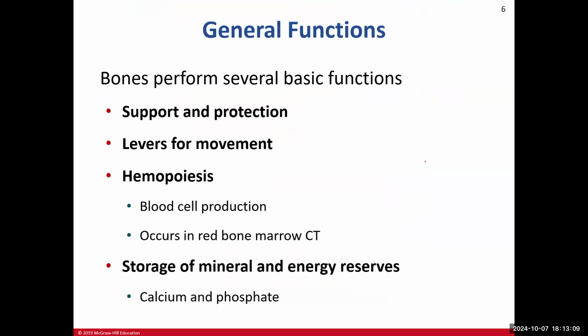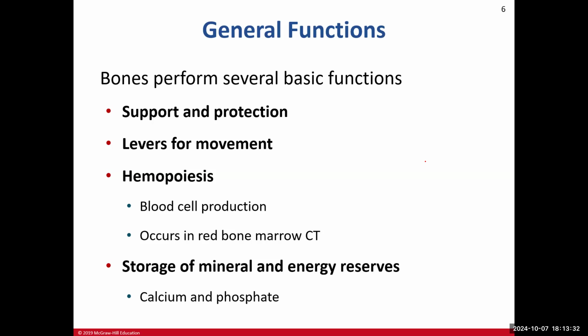Okay, so some of these functions for the skeleton, most of you know at least half of these just from common observation. All right, the first one, support and protection. Well, that makes sense, all right? Our bones provide that rigid framework that we experience. And like I said before, the skull protects the brain.